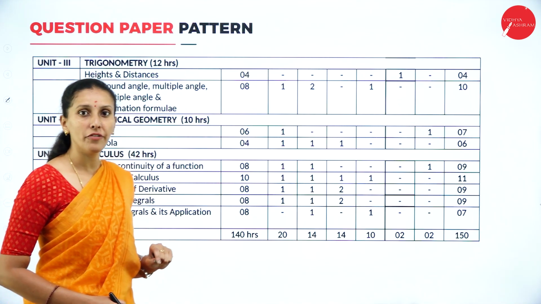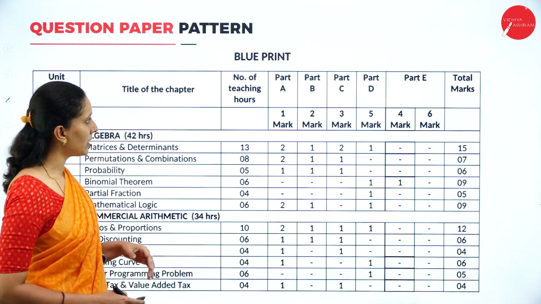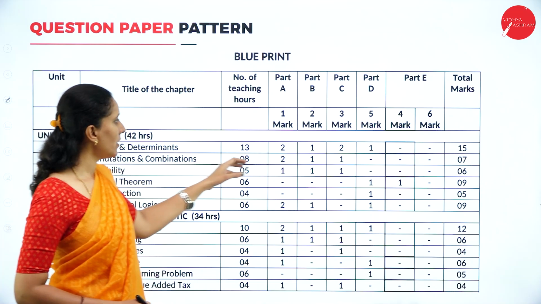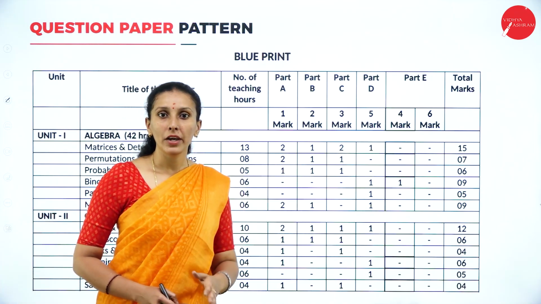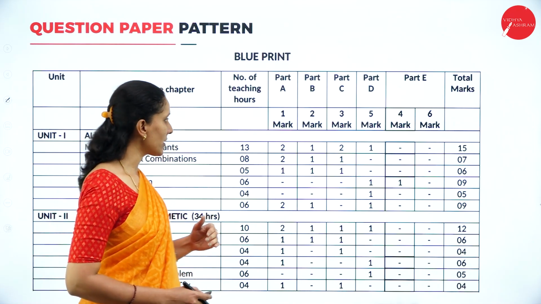the application of integrals. So what are the types of questions you can expect from these chapters? From matrices and determinants, it will be purely on the matrix method, solving linear equations by matrix method.